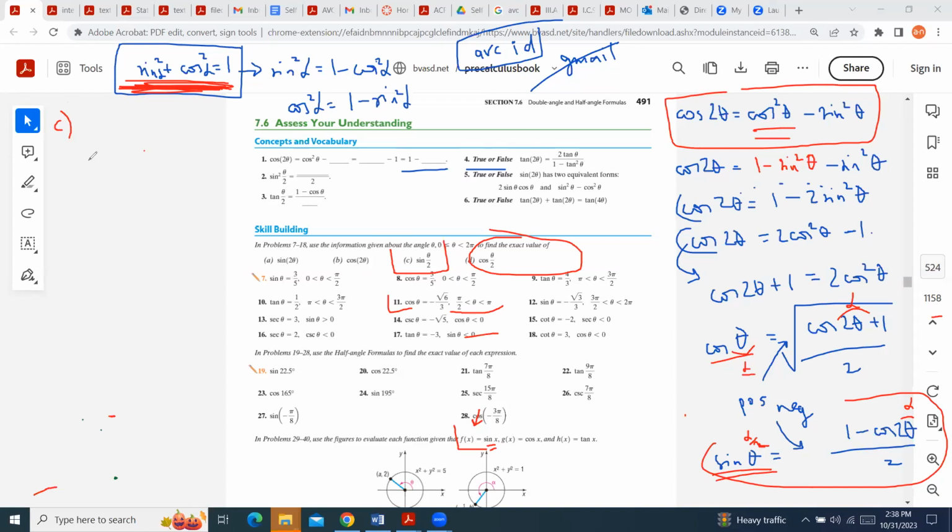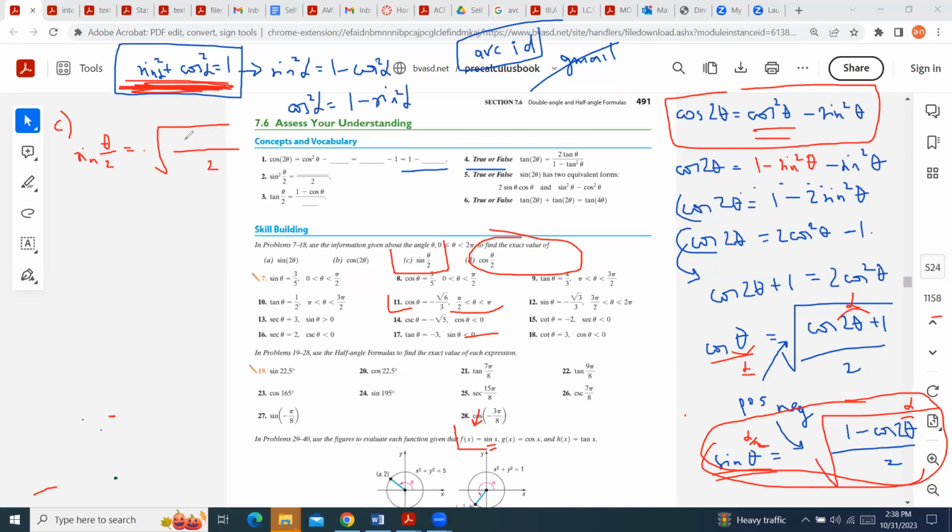It says find sine of half angle. And for that case, I'm going to need to do this square root thing that we already produced here. And see, the square root got erased somehow. So it'll be plus minus, but again, I need to decide if that's a plus or minus.